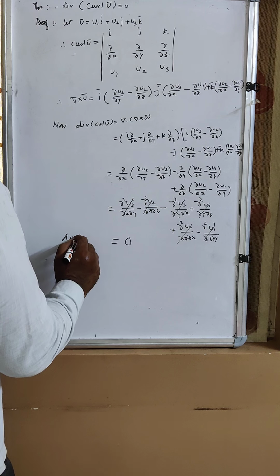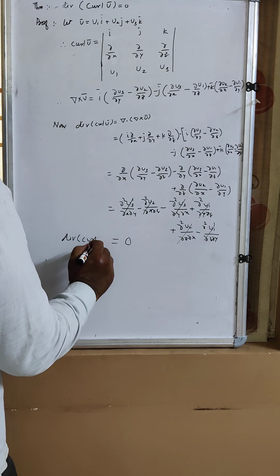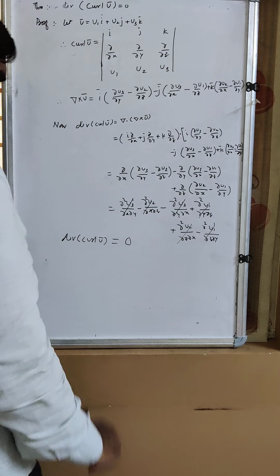Divergence of curl u vector is equal to 0.